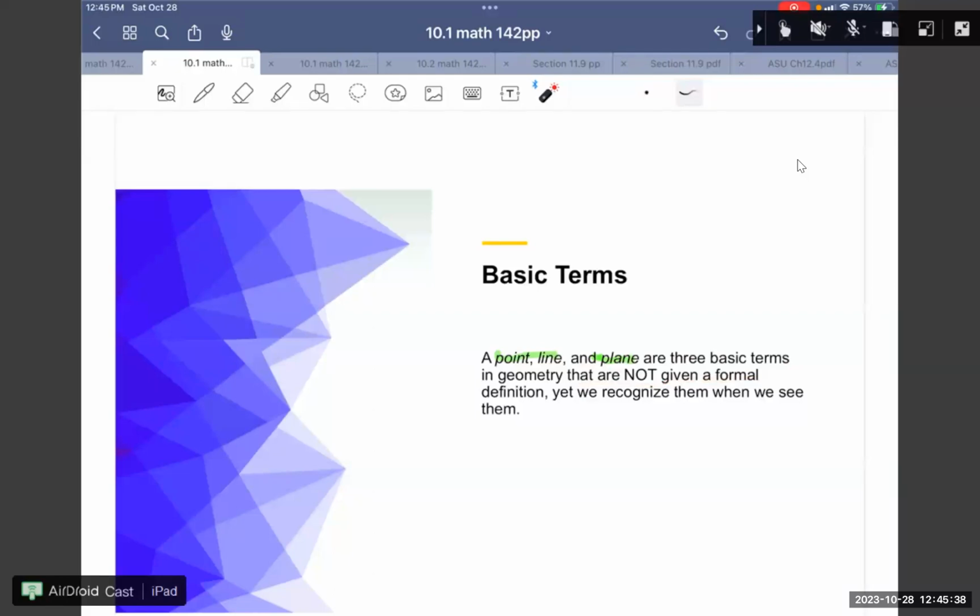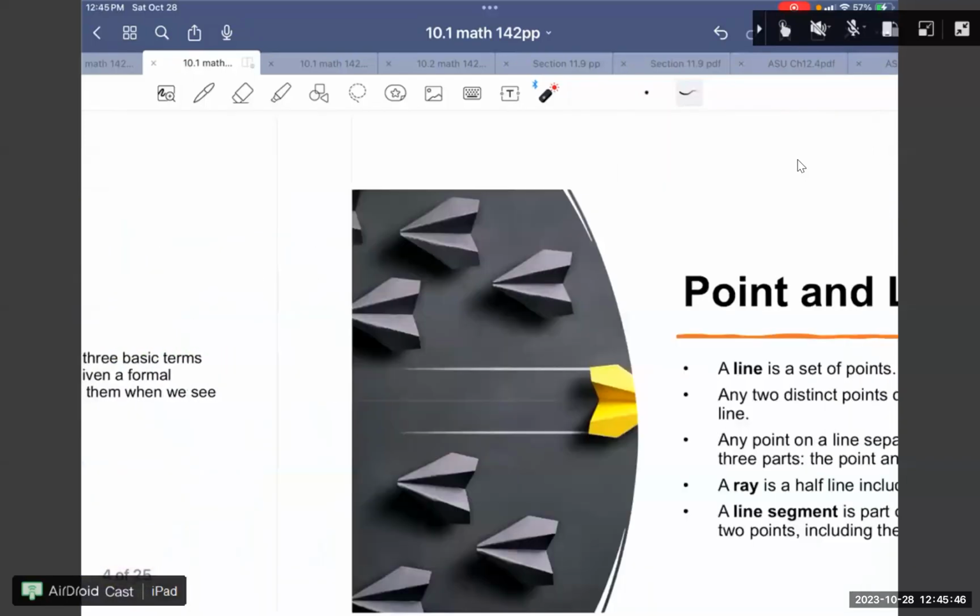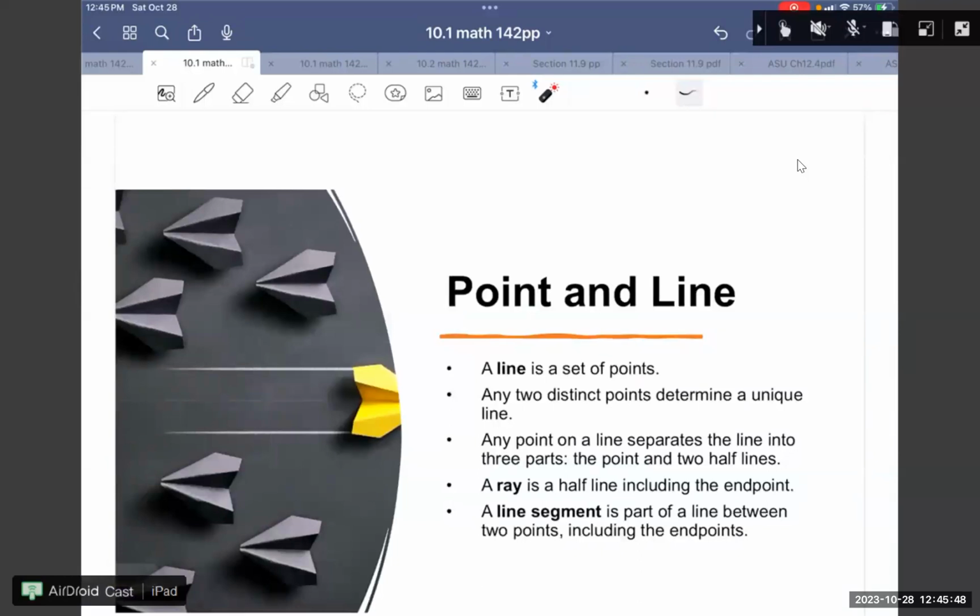For the point, line, or plane, when you see it, you will know it. A line is a set of points.